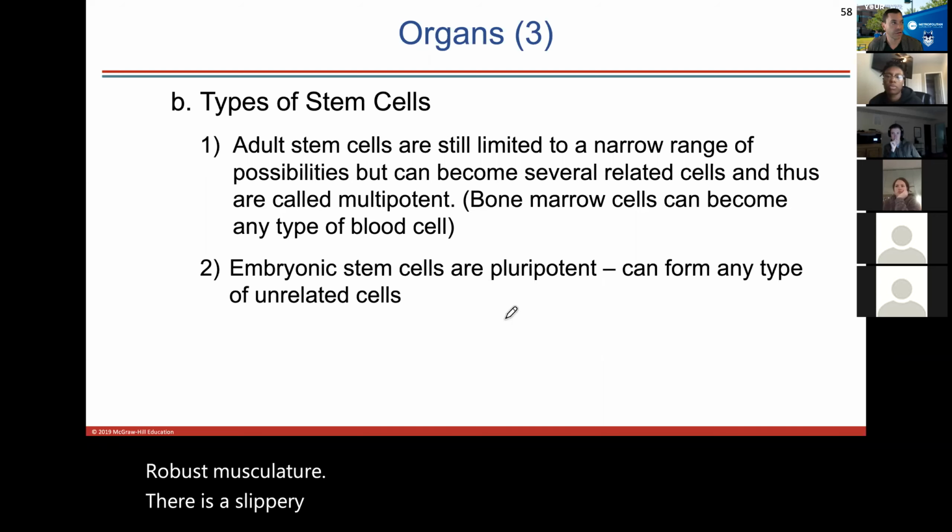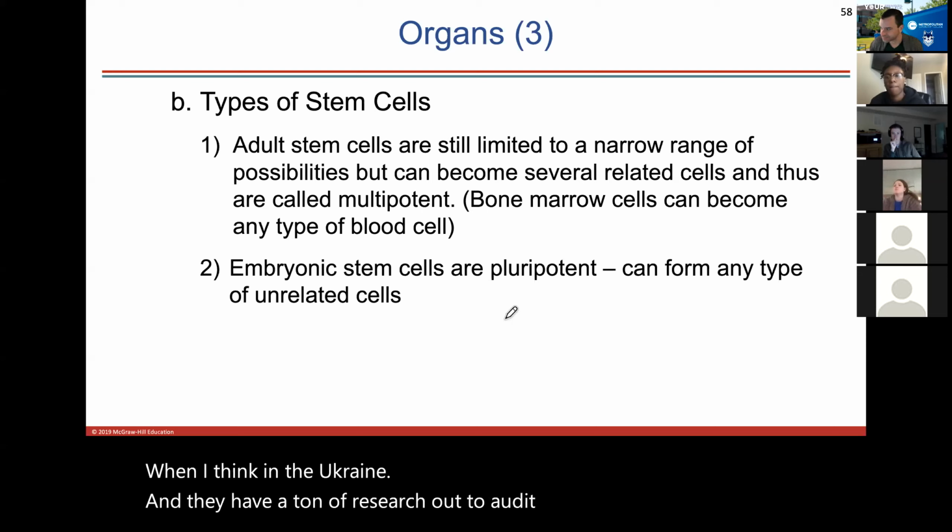There's a couple of stem cell facilities overseas, one I think in the Ukraine, and they have a ton of research on it, which is interesting.